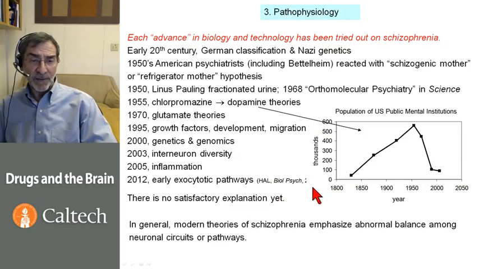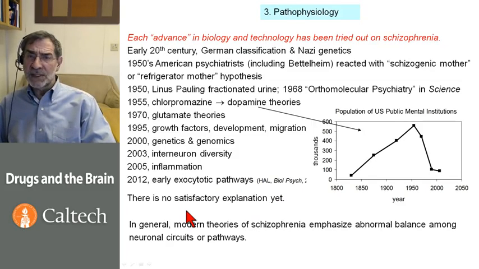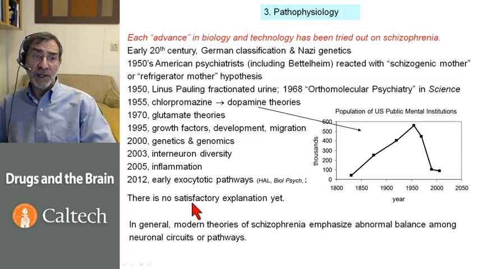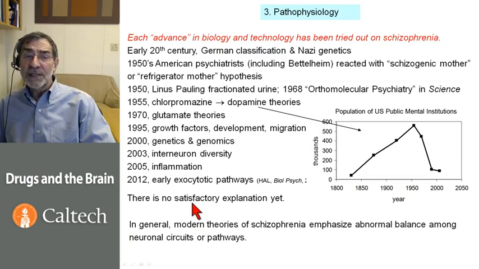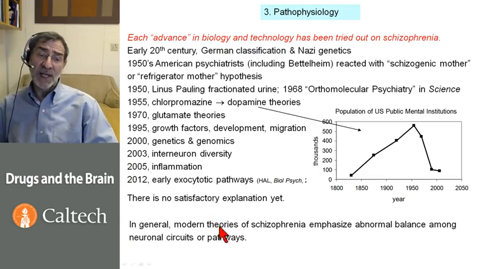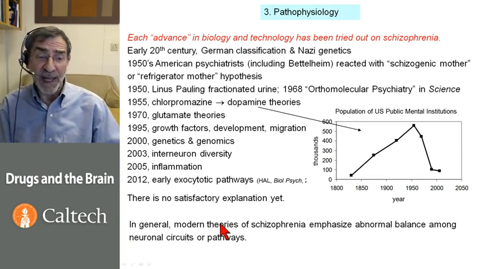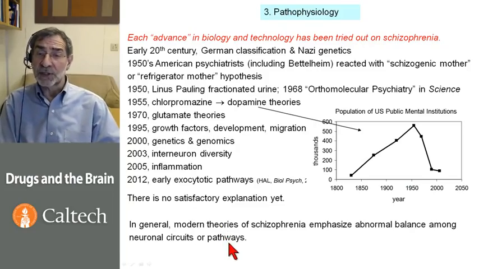But in fact, there is no satisfactory explanation yet for schizophrenia. Schizophrenia and research on schizophrenia has taught us a great deal about neuroscience. But we don't yet have a satisfactory explanation, except that we say that modern theories of schizophrenia emphasize abnormal balance among neuronal circuits or pathways.